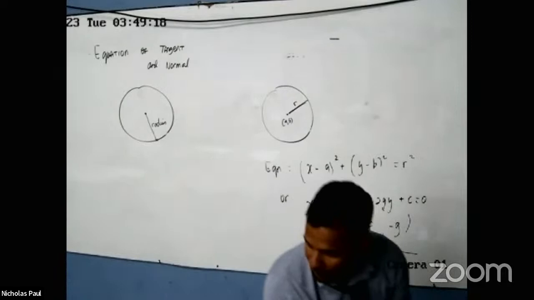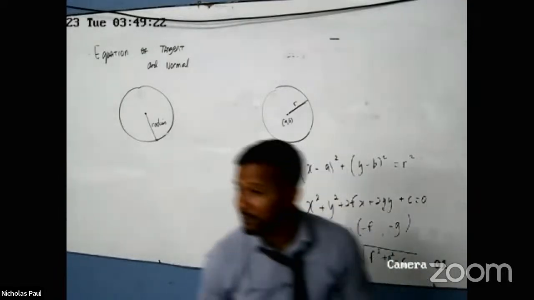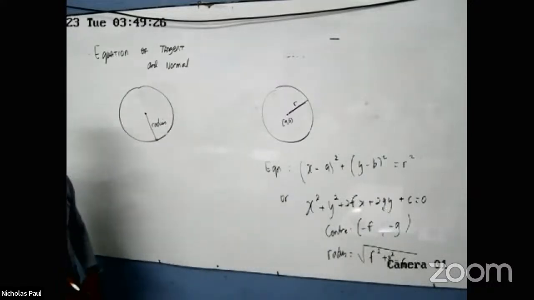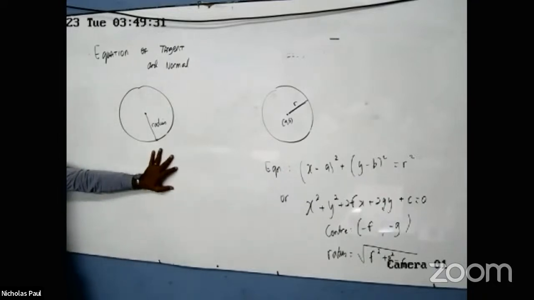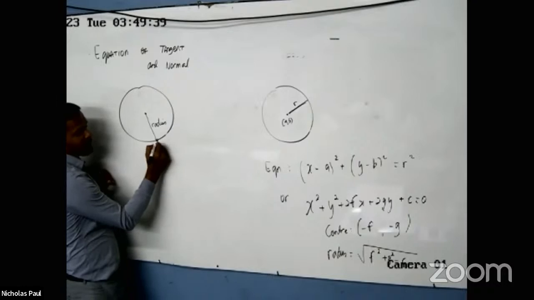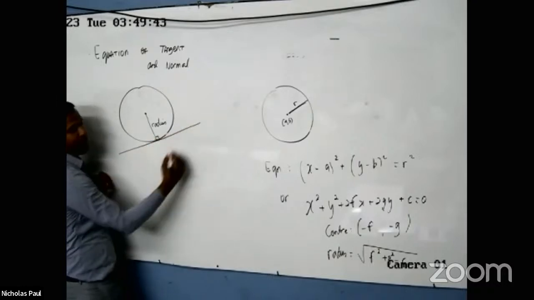Yes, it's a straight line. I want to know exactly where to draw the tangent at that point. And something else: perpendicular. Very good. So it will touch here at one point, and it's also perpendicular.